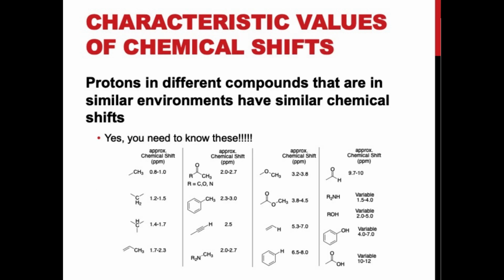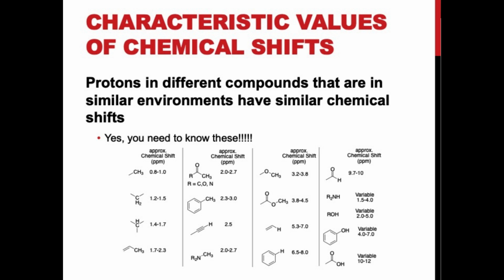There is a whole table of values that you should probably be familiar with. Yes, you need to know these. I know we only have a day or a couple days to go over this. So really, the ones that matter, we can clump all of the alkanes: CH3, CH2, and CH. Basically, these are all effectively the same thing.